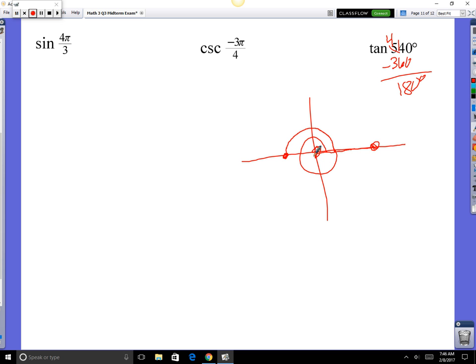And if it ever lands on one of these lines, you got a couple options. It's going to be 1, it could be negative 1, could be 0, could be undefined. So the best, just punch it on your calculator. So you know if it lands on one of the 4 quadrants, it's going to be special. Just do it on your calculator. Tangent of 180, and it is 0.